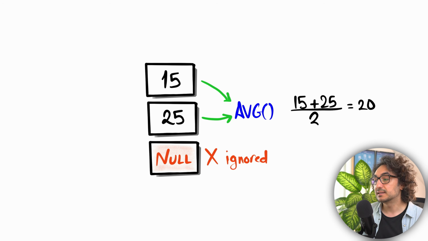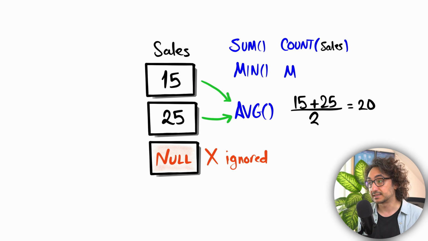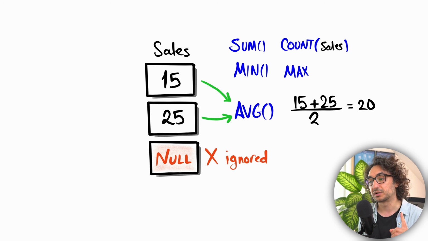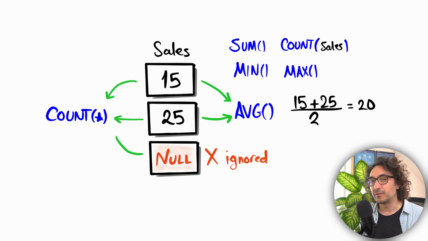Now the same thing happens with the other aggregate functions like the sum, count if you are counting the sales, min and max. There is only one exception: the aggregate function count when used with the star. SQL here considers not the values but the rows. That's why SQL includes all those rows and the output is going to be 3.